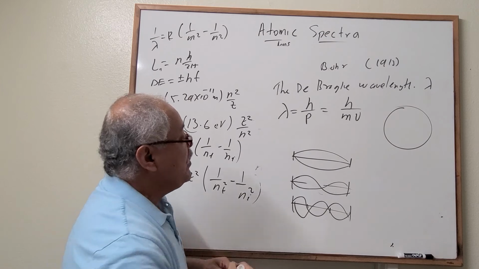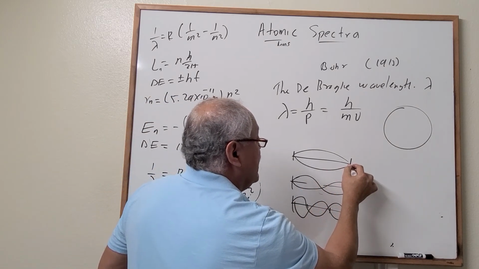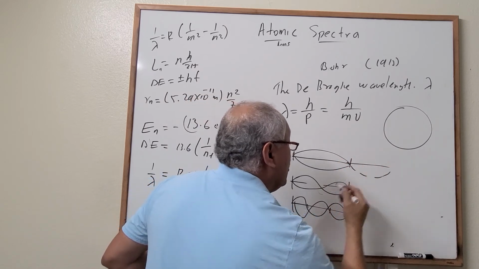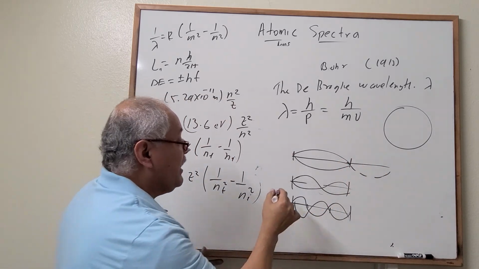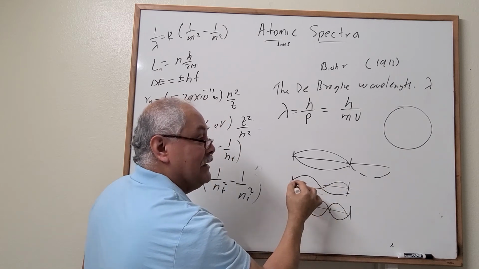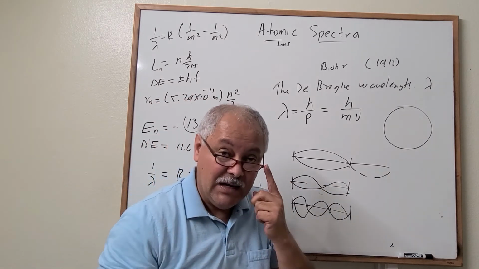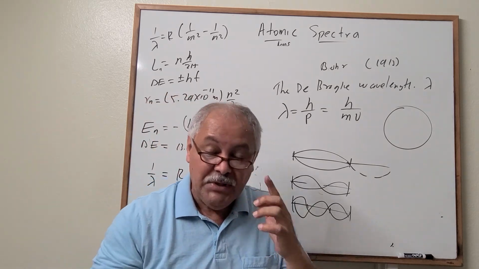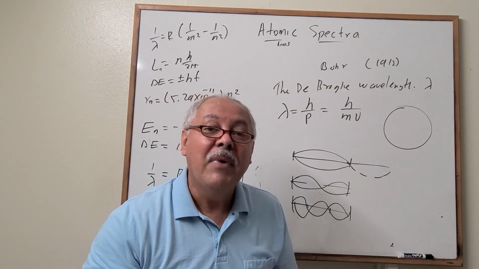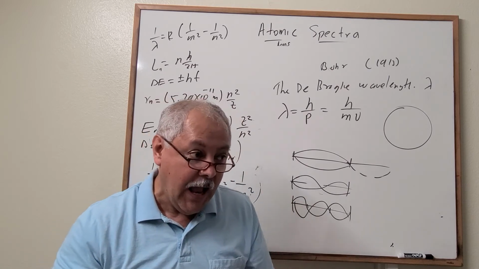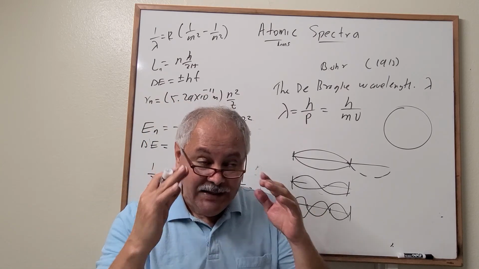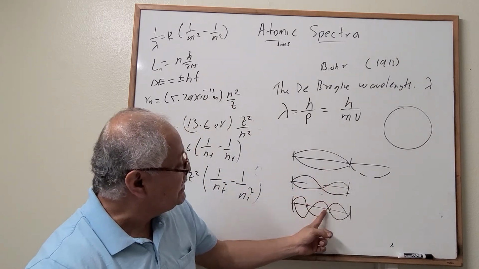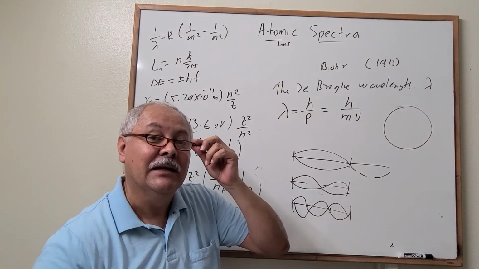If a wave starts here and goes around to this point, it produces a whole number of wavelengths. The same thing must happen to the electron. To be in an orbit without radiating energy, it must produce a whole number of wavelengths, similarly to standing waves. That's the idea.